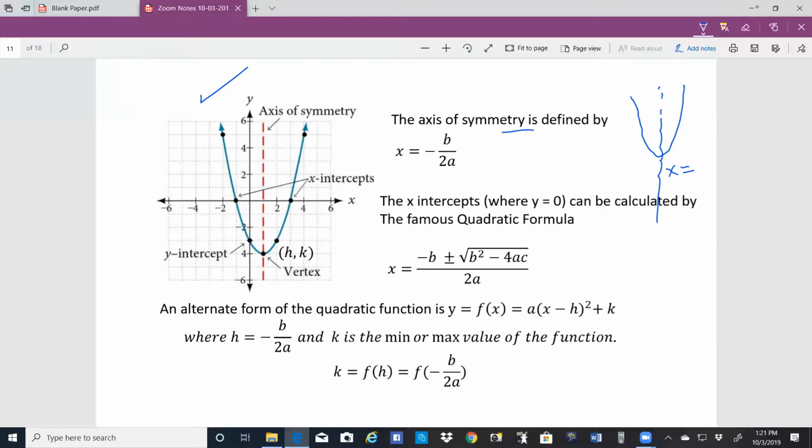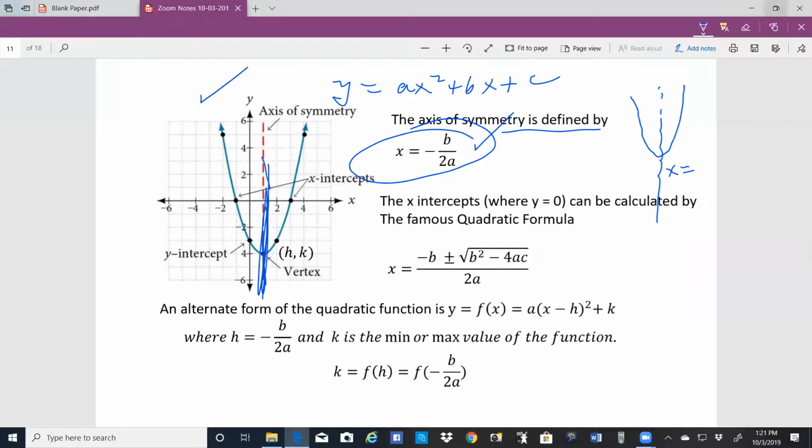It's called the axis of symmetry. Just remember it's y equals ax squared plus bx plus c. To calculate that axis of symmetry, you just take minus b over 2a, and that gives you the x value.